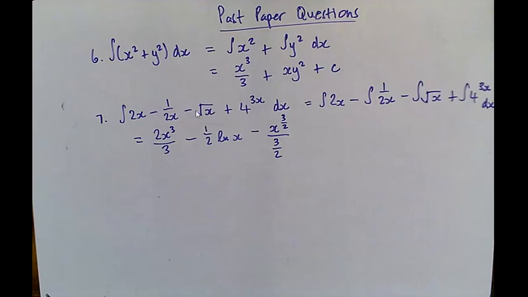Notice that this is a square root of x, so it's x to the half. Adding 1 will get x to the 3 over 2, copying it into the denominator. Then the next one, we'll copy all of the 4 to the 3x in the numerator, and carrying out integration on that, we'll get 3. Remember, the 3 in front of x will be brought down to the front, ln 4. So 3 ln 4 plus c.